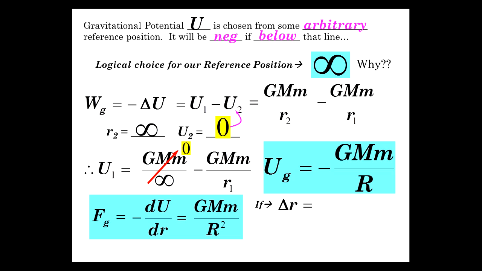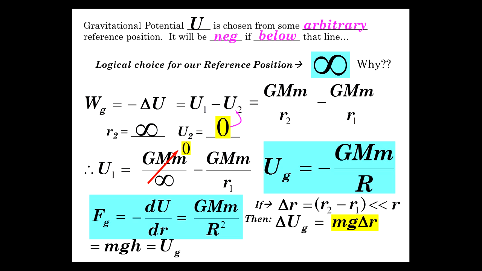Now, if the change in r, the difference in position, which is r2 minus r1, is much less than the radius itself, so that would be true for regions close to the surface of the Earth, say from the surface of the Earth to the top of the building or to the ceiling, then delta r is much less than r, and the following would hold true. The change in potential energy, gravitationally, from the floor to the ceiling, where the floor is the reference point, is mg delta r.